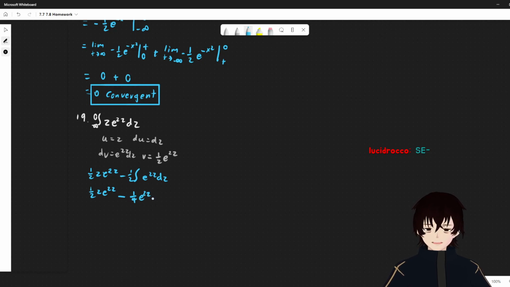Exactly, the secant is the most dangerous one. So this is 1/2 z e to the 2z minus 1/4 e to the power of 2z.